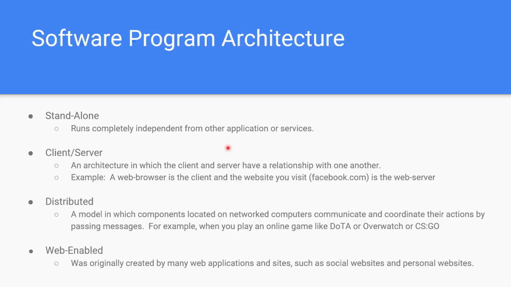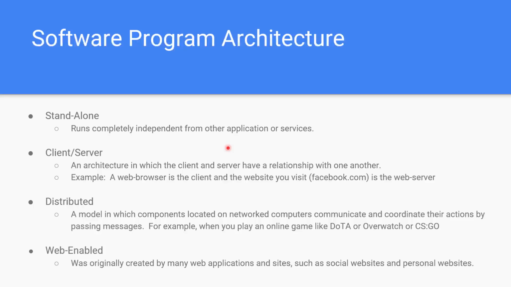Client server became popular several decades ago, and it's an architecture where we have a client which is making requests to another application called the server. The client makes a request or sends data to the server.